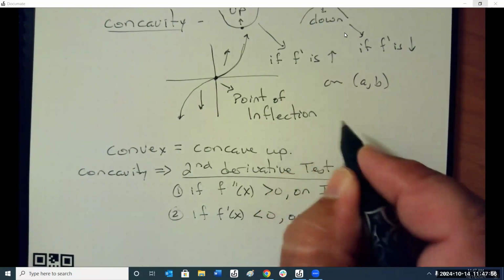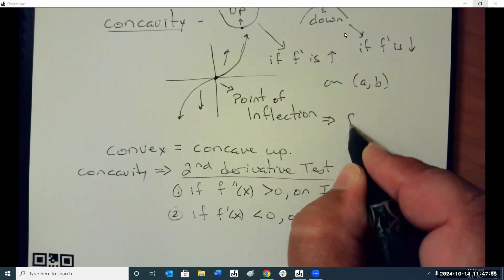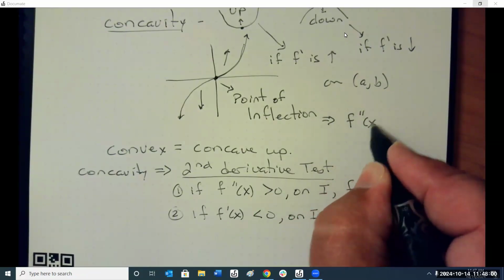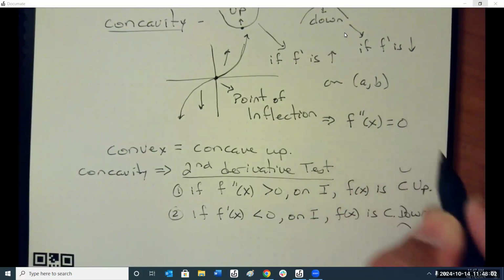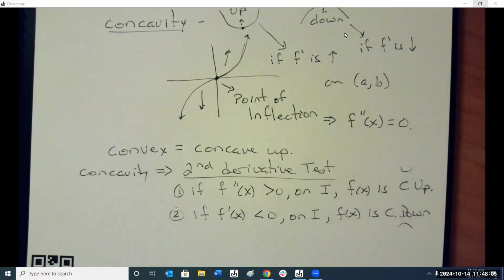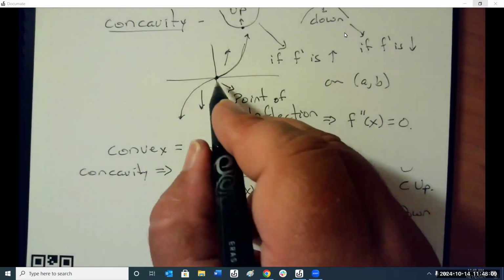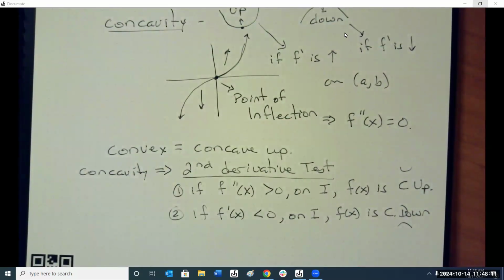The point of inflection is where the second derivative equals 0. Take the second derivative, set it equal to 0, whatever x value, that's where the concavity is going to change.